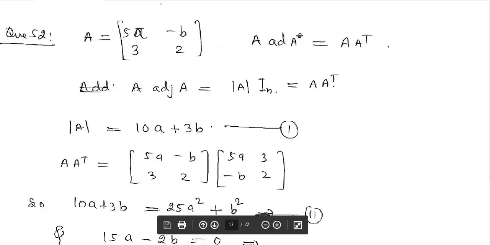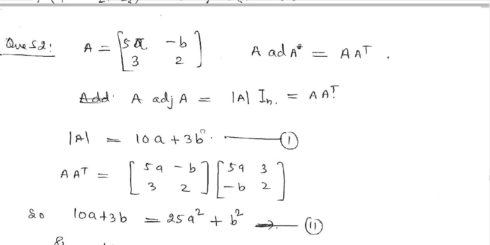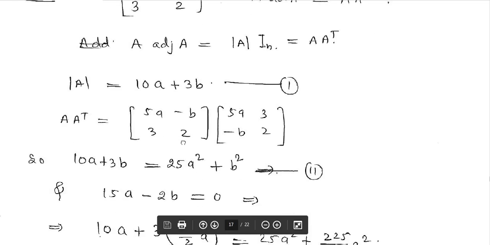In question number 52 we have this given, and we know that A adjoint A is equal to determinant of A times I, and it is equal to A transpose. So if we think of the diagonal element, we just calculate the determinant of A, which is this, 10a plus 3b, and for A transpose we just multiply it, and we equate these two as given in the question.